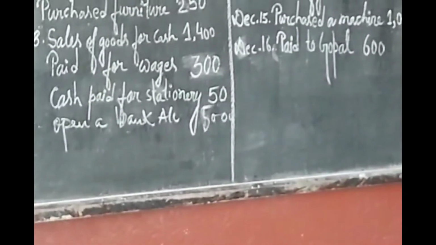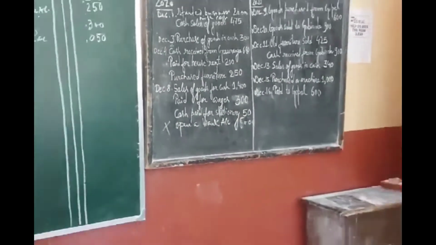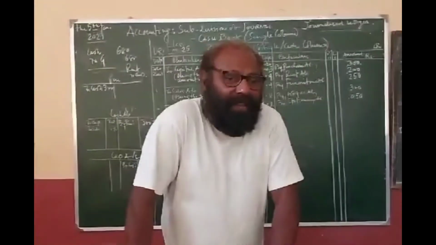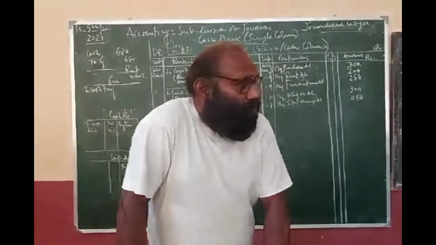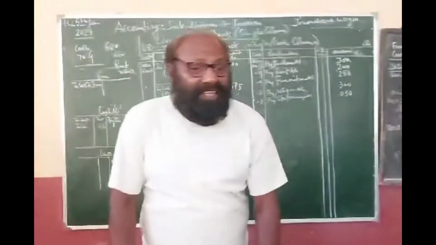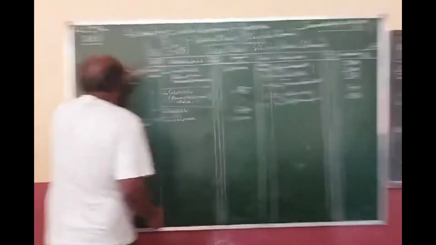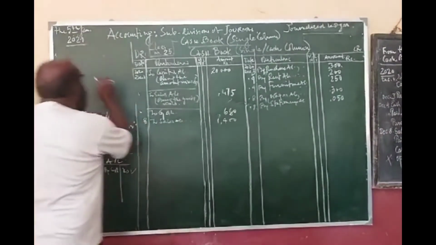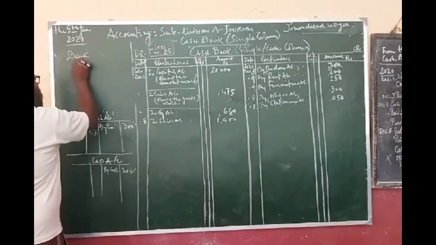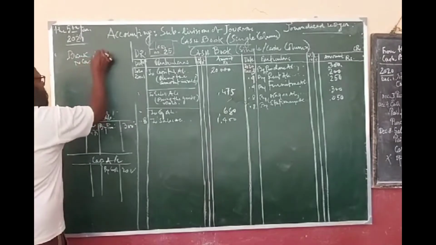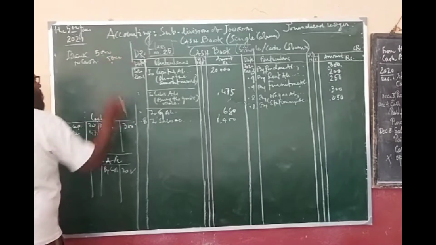And then opened a bank account. This is a very, very vital one. Please take note of this. Whenever you are opening a bank account, what is happening? Cash is not coming in. Cash is going out, so cash account is credited. And what is debit? Receiver is debit. Who is the receiver? Bank is the receiver. So the journal entry is bank account debit to cash. Clear?